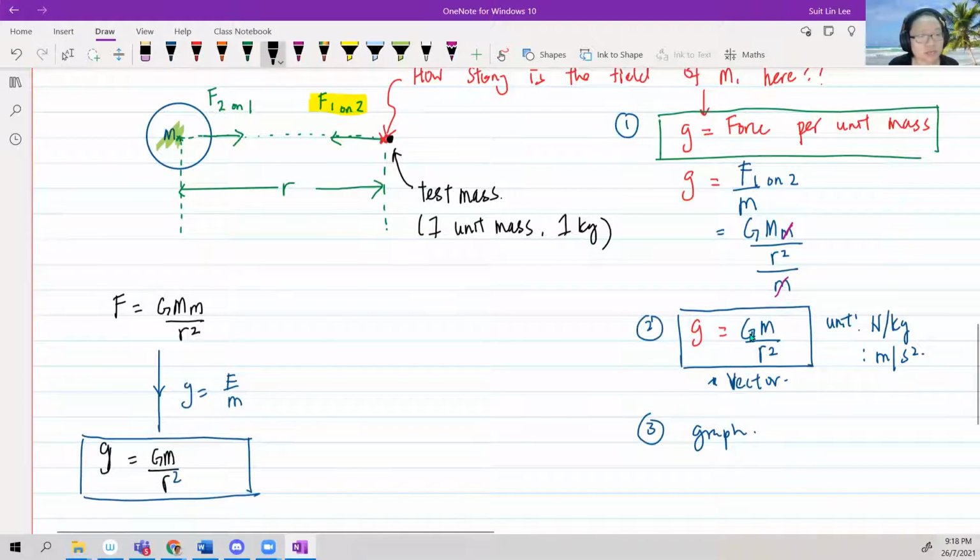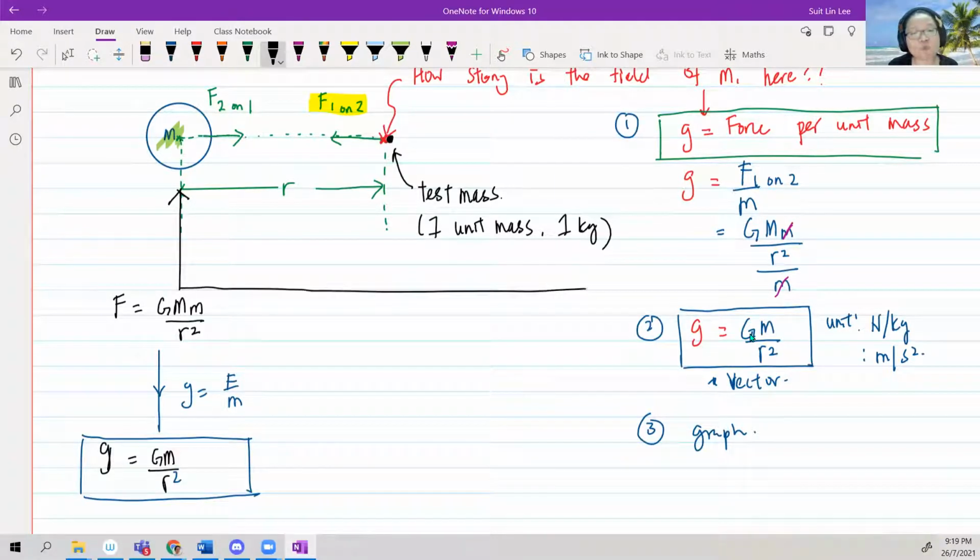So now I know already, if I want to be able to visualize the field strength of M1, I'm just going to call this G1, okay? From the surface onwards, because I can't put anything inside the planet, right? I'm going to get this. Infinity would touch 0, okay? Because G is inversely proportional to R squared.